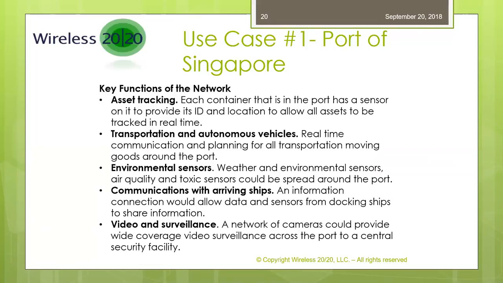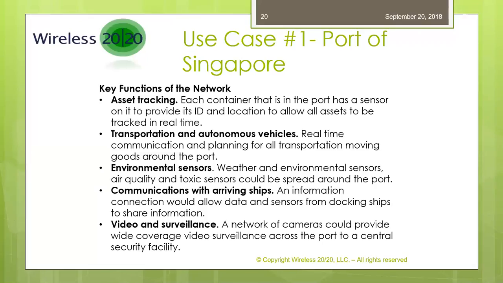So if we were to build this network, what would be some of the key functions that we want to support? We're using Singapore as an example, but all major harbors would probably have a list that looks very similar to this.